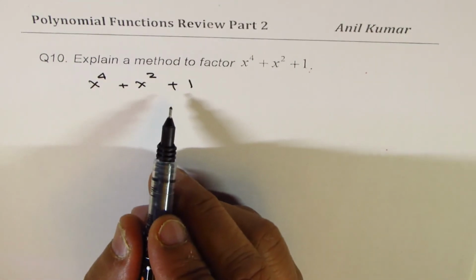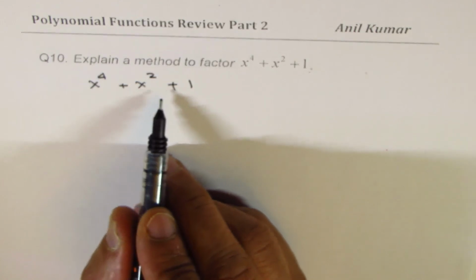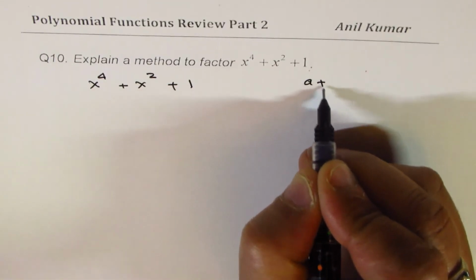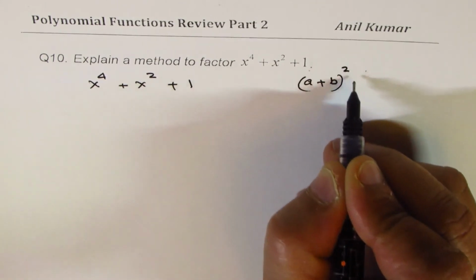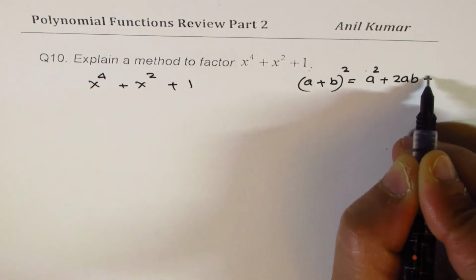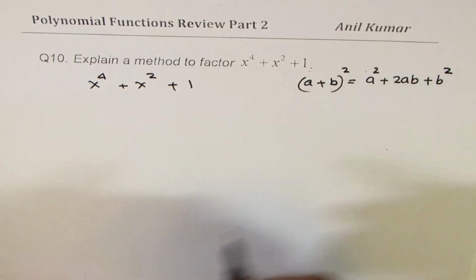Now the technique to do factoring of this is kind of like this. Think about this. If I have a plus b whole square, I could write this as a square plus 2ab plus b square, right? That is how I could do.